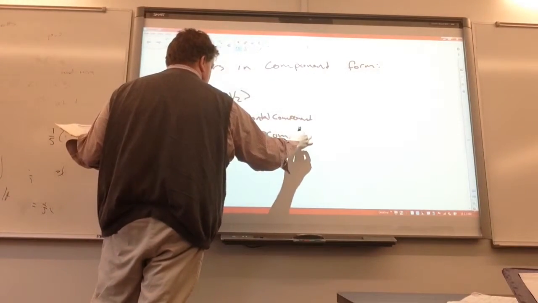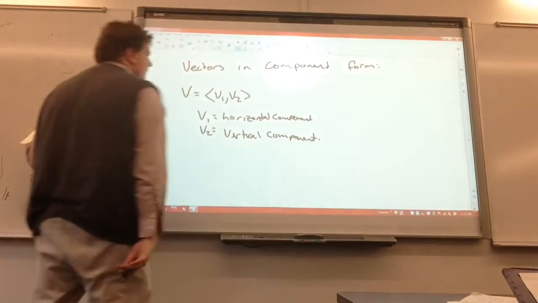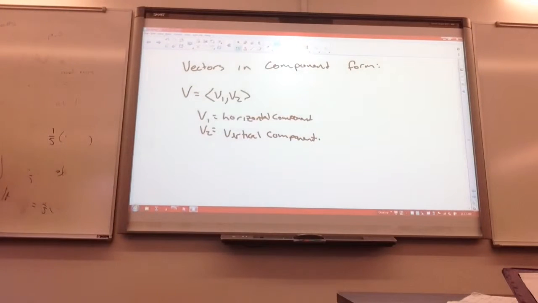When it's written this way, it's going to look very much like a set of coordinates. And in a way, they would kind of behave under the same kind of rules.